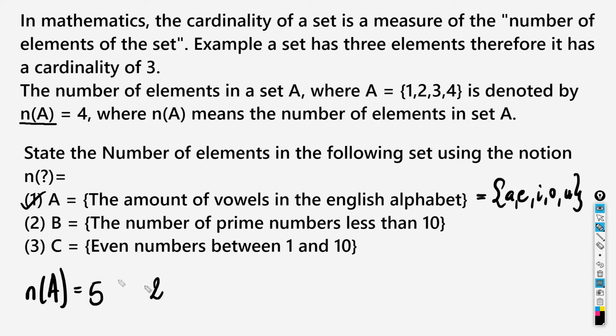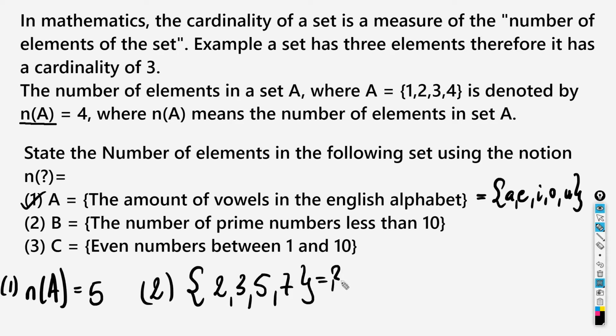For number 2, the number of prime numbers less than 10. So let's find that set. The prime numbers less than 10 are 2, 3, 5, 7, and the next one would be 11, and that would not be less than 10. So this is what B is. n(B), which is the number of elements in B, would be equal to 4.